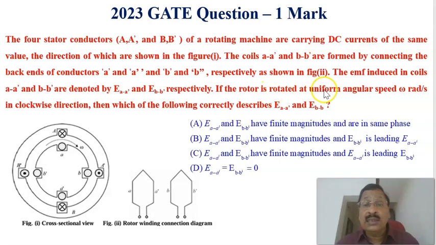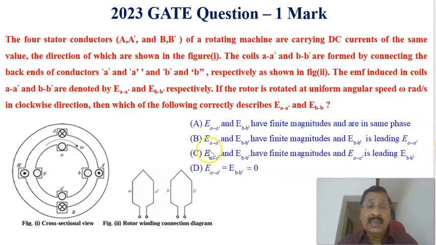If the rotor is rotated at a uniform angular speed of omega radians per second in the clockwise direction, which of the following correctly describes the EMFs? Option A, both have finite magnitude and are in the same phase. Option B, both have finite magnitude and e_bb dash is leading e_aa dash.